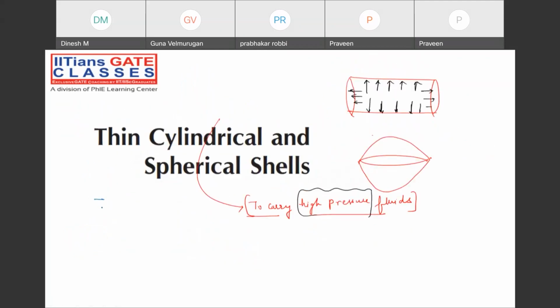So you can define pressure vessel to be of two types: thin pressure vessel and thick pressure vessel. Whenever the ratio of internal diameter to thickness is more than or equal to 20, then you say it's a thin pressure vessel, because in this case the diameter is very, very high as compared to the thickness, such that the thickness can be negligible. In thick, it's not like that.